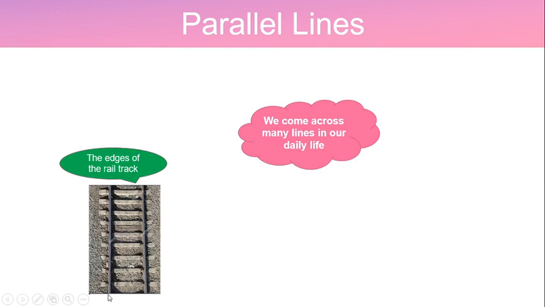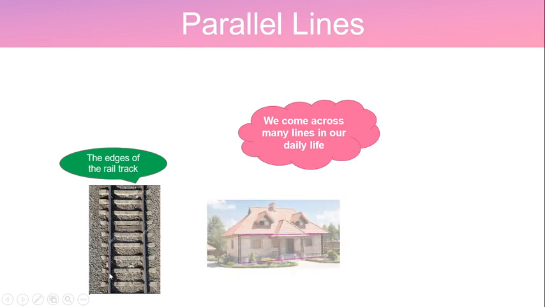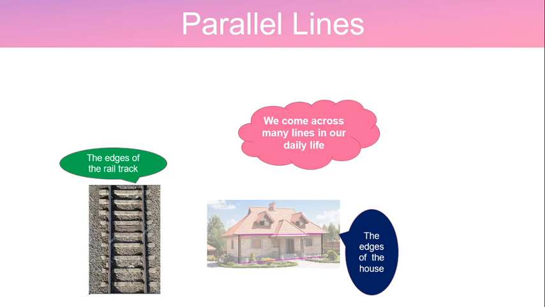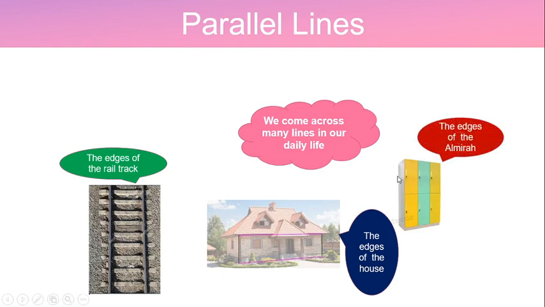See the edges of the track, the edges of the house. If you see here, the edges of the house are straight. Now let's take one more example, the edges of the Almirah. Are you observing something here?